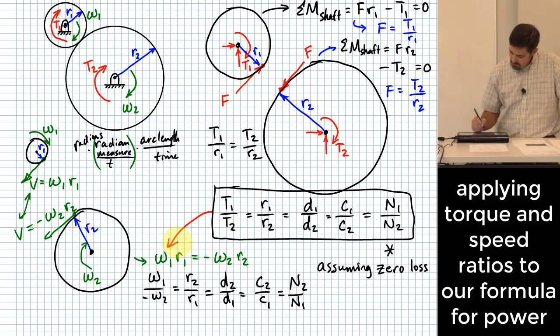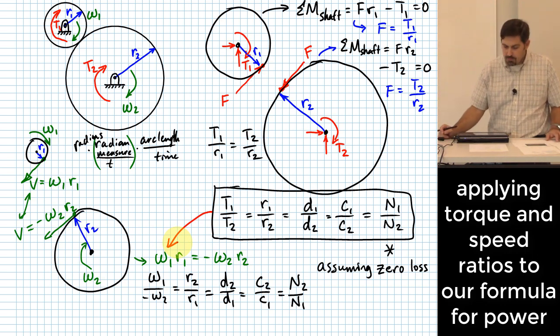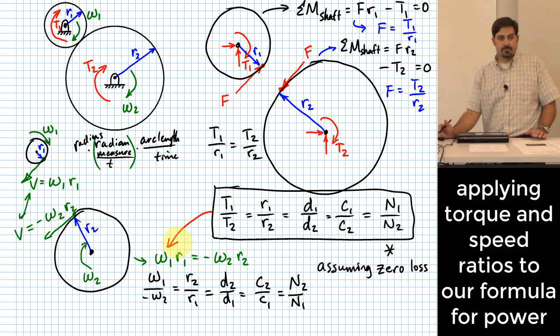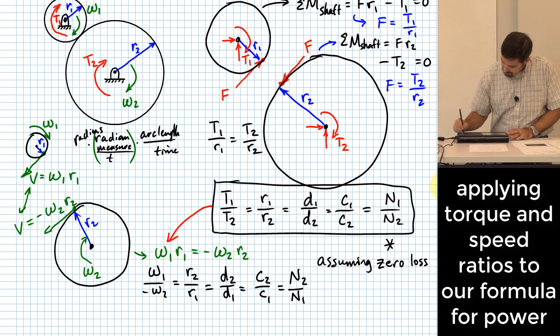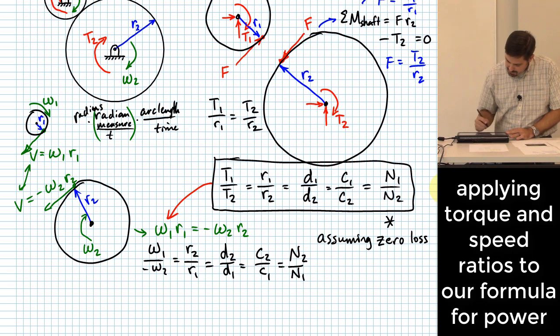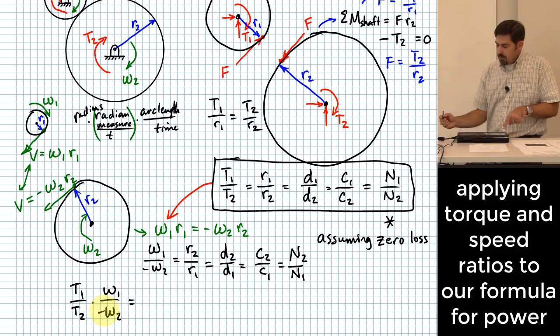What if I take T1 over T2 and multiply it by omega 1 over omega 2? Or I could leave the minus sign in there if I wanted to: T1 over T2 times omega 1 over minus omega 2. What is that going to be, though?